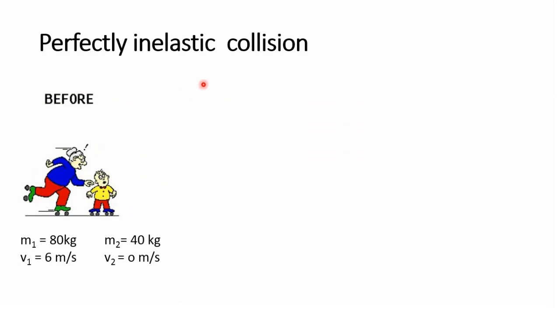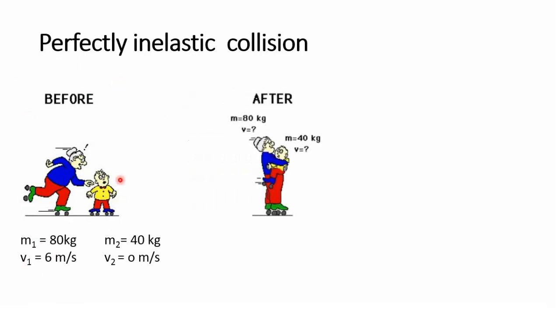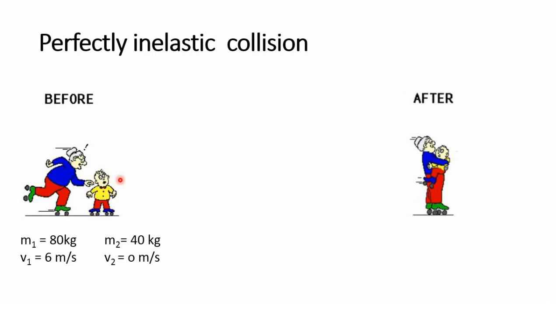Again, in solving a physics problem, you have to draw a diagram. This is before the collision and after the collision. The mass of Lola Remedios is 80 kilogram and the mass of Roberto is 40 kilogram. The velocity of Lola Remedios is 6 meters per second, while Roberto is at rest.